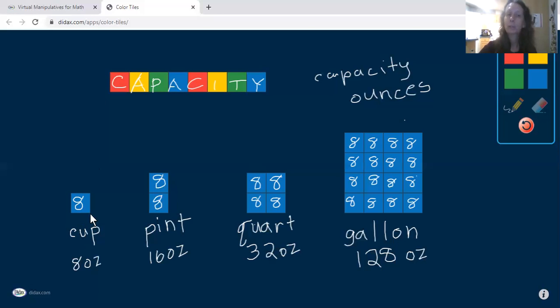So 1 cup is 8 ounces. A pint is 2 of the 8 ounces, or 16. A quart is 32 ounces, which means you've got 8 written 4 times. 1, 2, 3, 4 is 32 ounces. And then a gallon is 16 8-ounce cups, or 16 times 8.